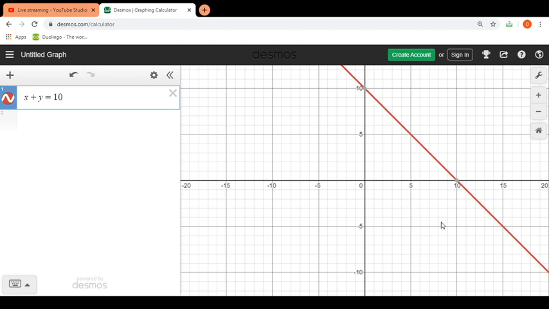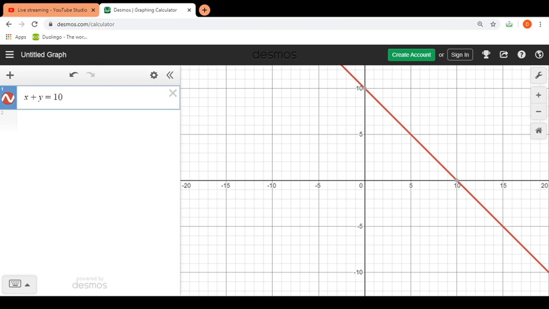Okay, this is the graph, and yes, you can see the graph. This is the line you have obtained after plotting the points for x plus y equal to 10.